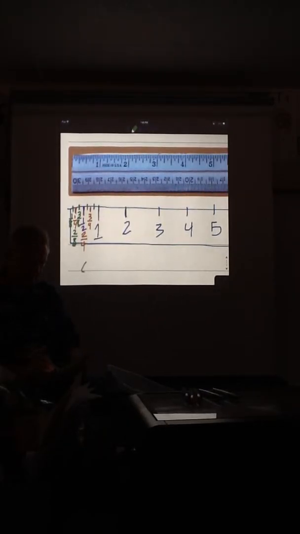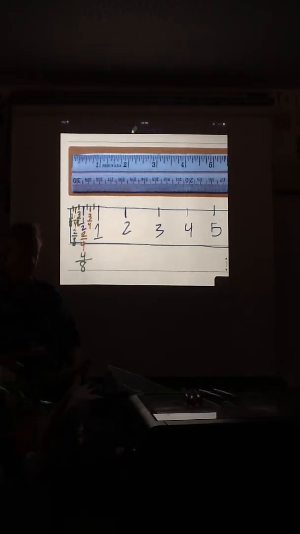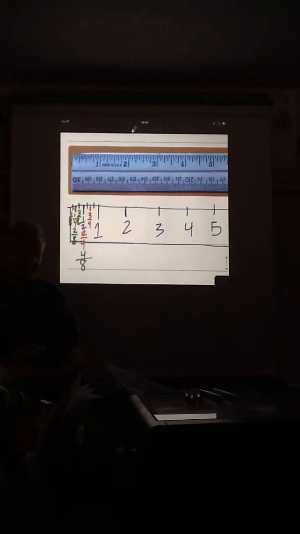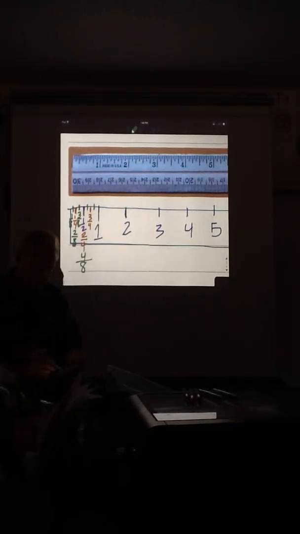If I put my 8 on the bottom, what's half of 8? Half of 8 is 4, right? Okay. And then next to this one right here is called the what? Someone? No, half's right here. It's the next one over. What eighth? 5/8. Right.